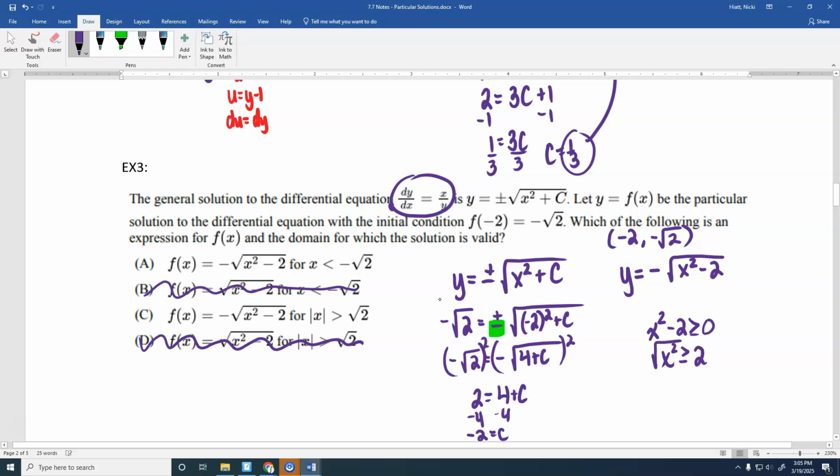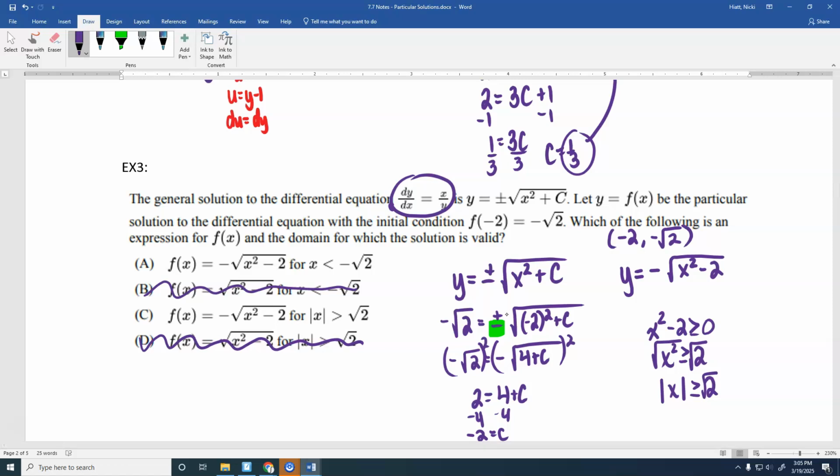And then if you square root both sides, you really can't do a plus or minus with the absolute value. This gives you the absolute value of x has to be greater than or equal to, I'm sorry, square root of 2.